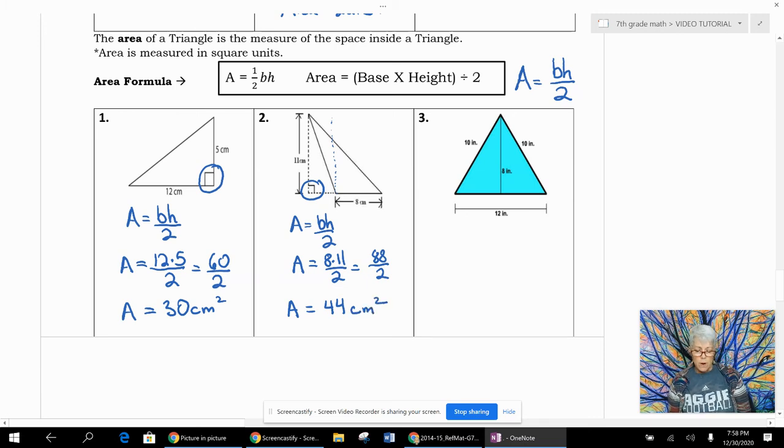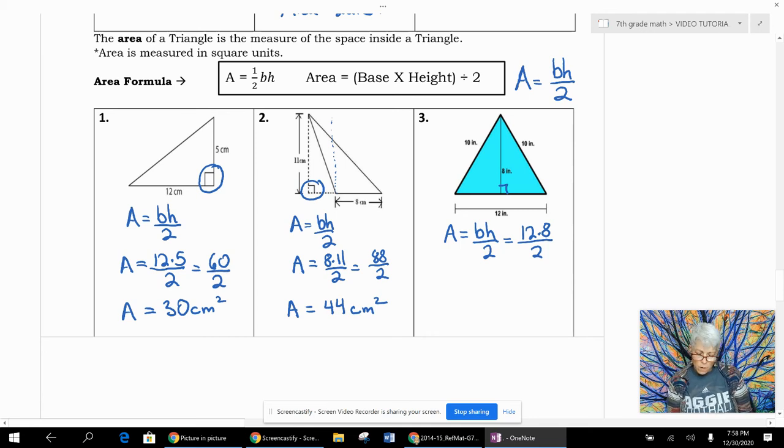Boom. All right, let's look at this next one. It's a triangle. So I have area equals base times height divided by 2. So here is our right angle. So we have 12 times 8 divided by 2.